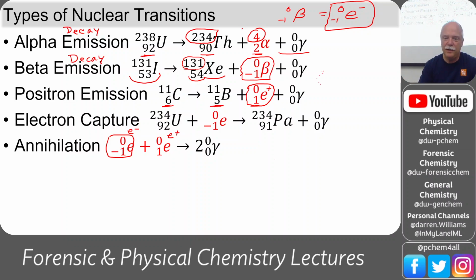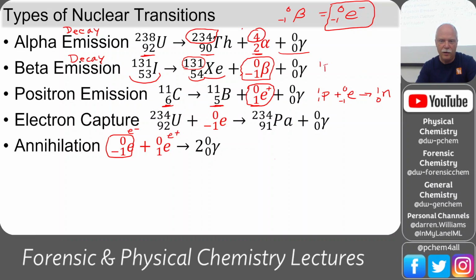So we have this reaction. We have a proton, 1, 1, plus an electron, -1, 0, gives a neutron, 0, 1. So this reaction is that proton plus an electron gives a neutron. For positron emission, we have sort of the opposite.